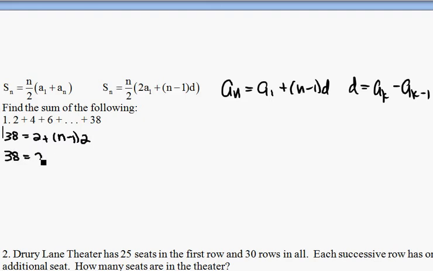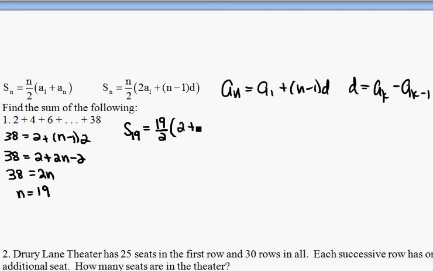So we get 38 equals 2 plus 2n minus 2. 38 equals 2n. 38 divided by 2 is 19. So we want to find the sum of the first 19 terms, which is 19 divided by 2 times the first term, which is 2, plus the last term, which is 38.